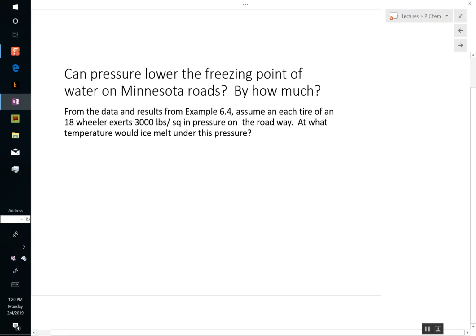From the data and results from the one we just did, assume each tire of an 18-wheeler exerts 3,000 pounds per square inch in pressure on the roadway. At what temperature would ice melt under this pressure? We're not going to do it, but if you wanted to, use that as 1 atmosphere. I'm thinking of an 18-wheeler that maybe weighs about 100,000 pounds.